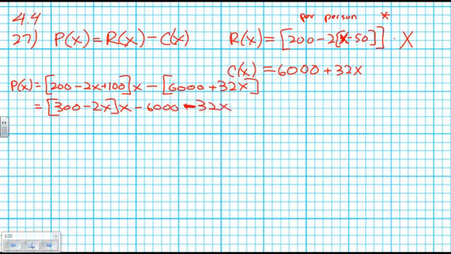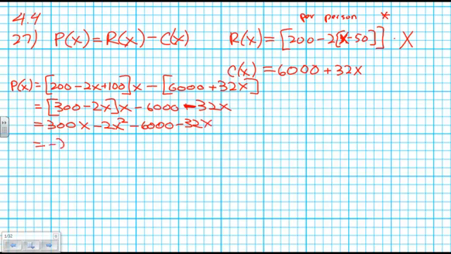I think I can clean it up a little bit more. I want to clean it up before I have to do the derivative. How about 300x minus 2x squared minus 6,000 minus 32x?